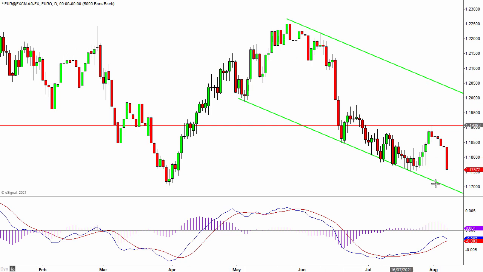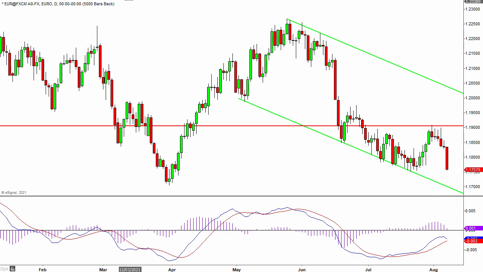I wouldn't have otherwise spotted this cup and handle pattern in its normal format, like this. It's only when I turned it upside down that I realized, oh, there's a cup and handle pattern there. So we're talking about 114.